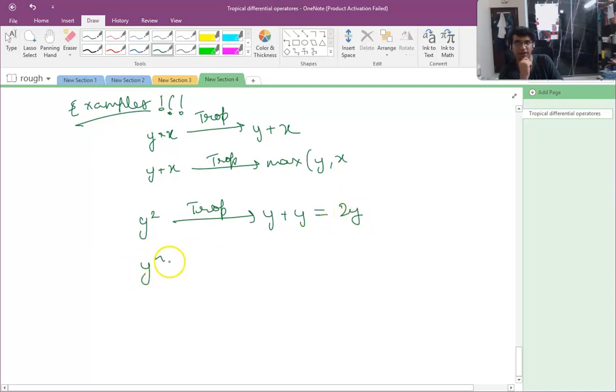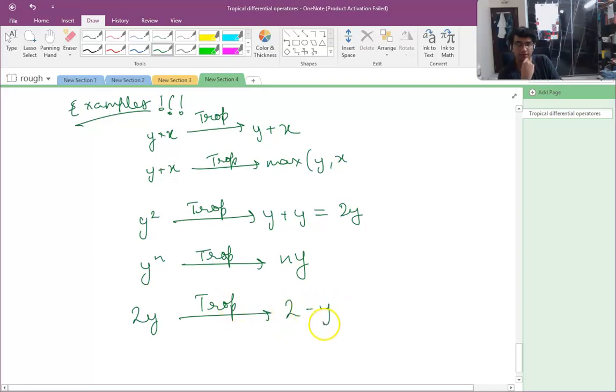Similarly, if I take y to the n under tropicalization, it's going to take me to ny. Now, more examples. If I take 2y under tropicalization, it's going to give me 2 plus y. And if I take 2 plus y under tropicalization, it's going to give me the maximum of 2 comma y.